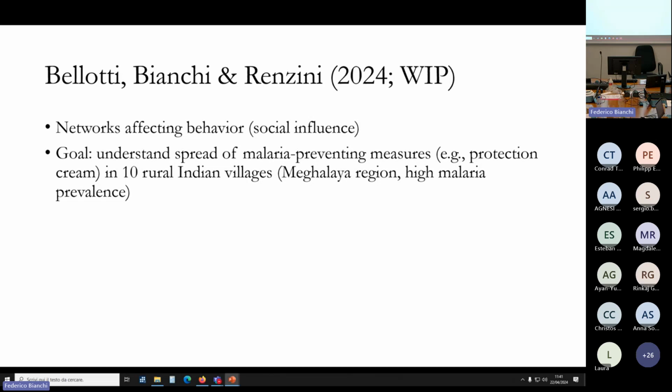It's a hard-to-reach population, also with infrastructure. The government has some troubles going there. You don't have roads, but at the same time you also have a lot of tropical rainforest. Individuals are mostly engaged in agriculture, so you do have a lot of mosquitoes, and so you have a high malaria prevalence.